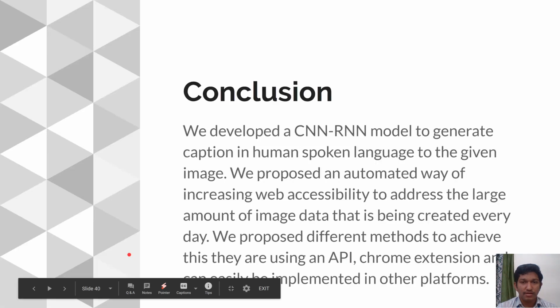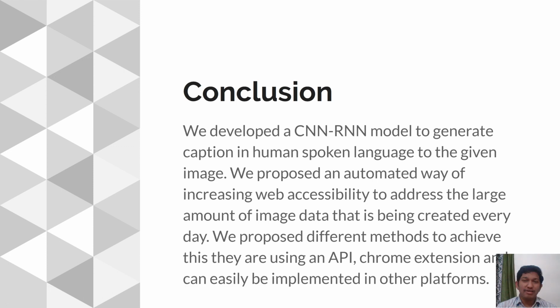Conclusion. We developed a CNN RNN model to generate captions in human spoken language for a given image. This is one of the works we tried, and the reason behind it is already mentioned: we want to automate the task of image captioning.